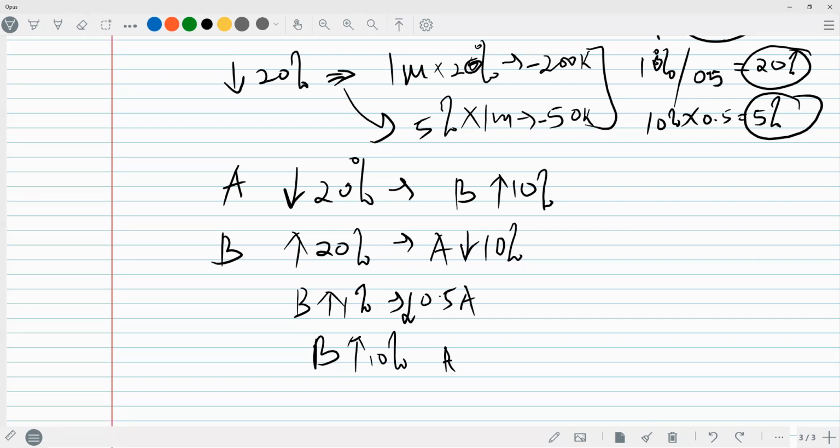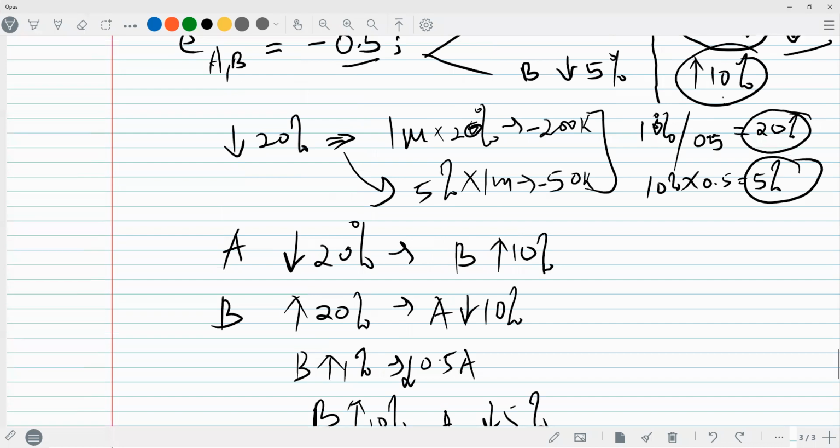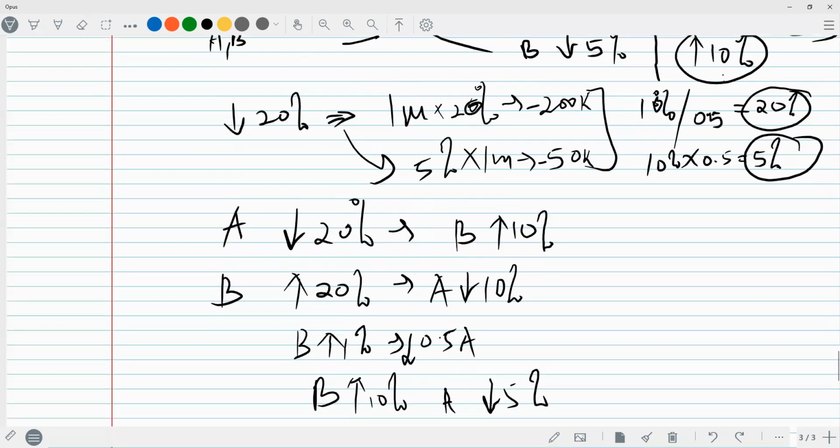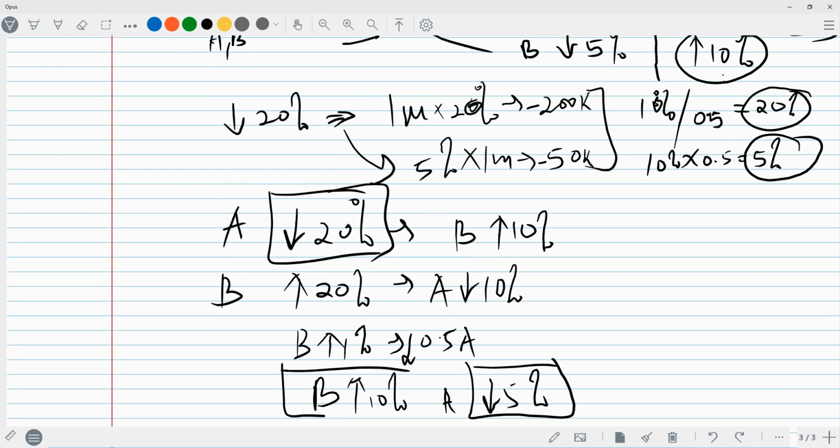Yes, 5%. And this way we have these two. It can be 20 here, it can be 5. Do you get it? Look, these are the same. This is 10, this is 10 also.